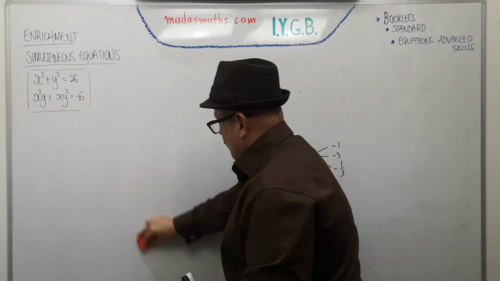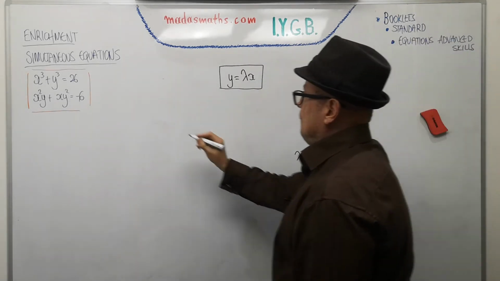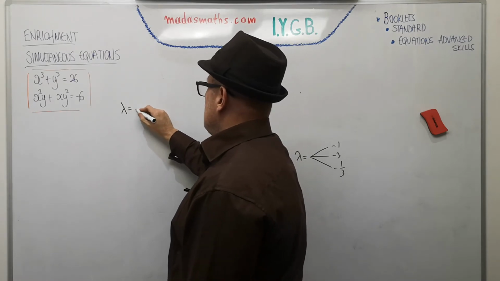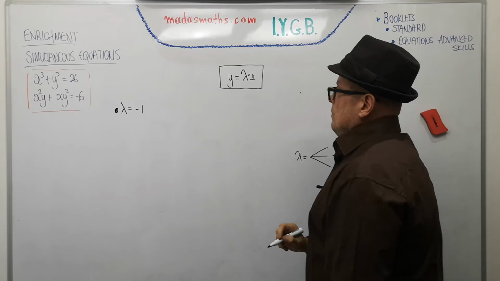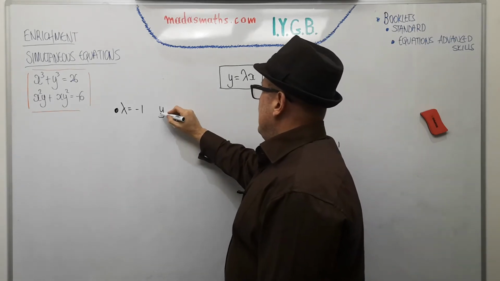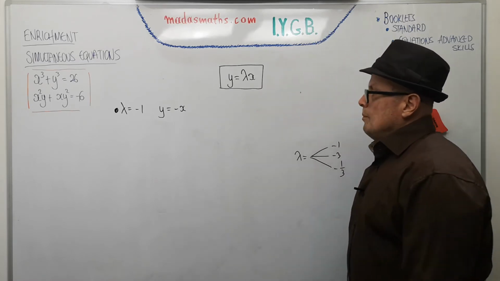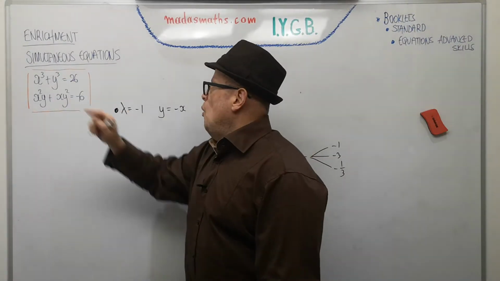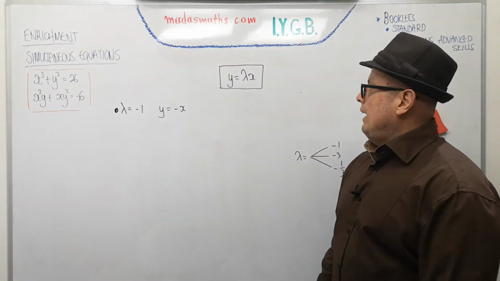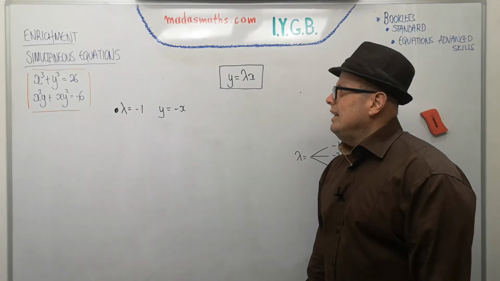So we're going to look first of all at lambda equal to -1. If lambda is equal to -1, that's the first case, this substitution becomes y is equal to -x. What am I going to do with that next? Well, I can put it either here or here and find my x and my y. I'm going to put it in the top equation, I think it's slightly easier.